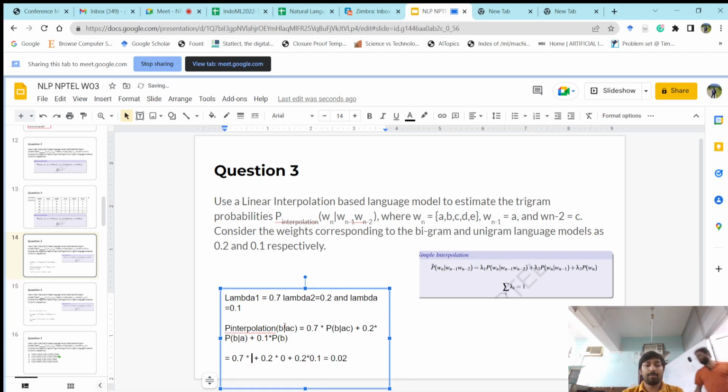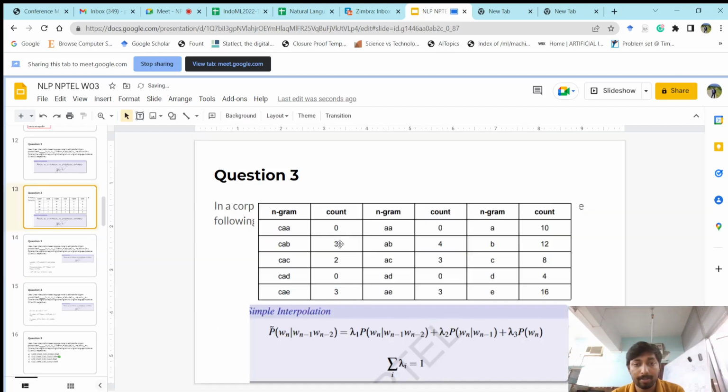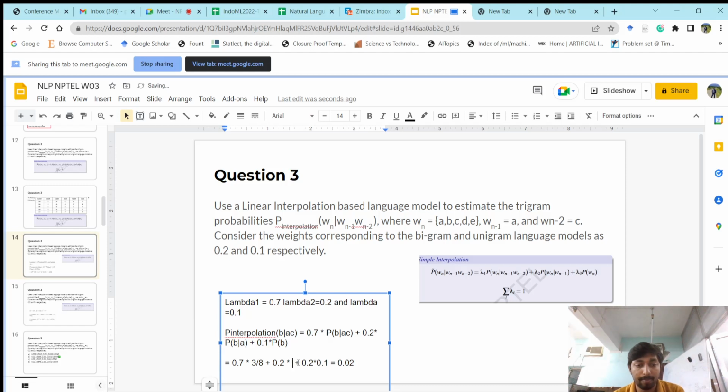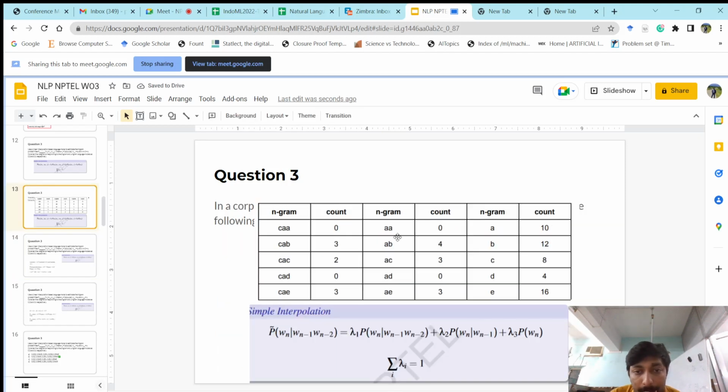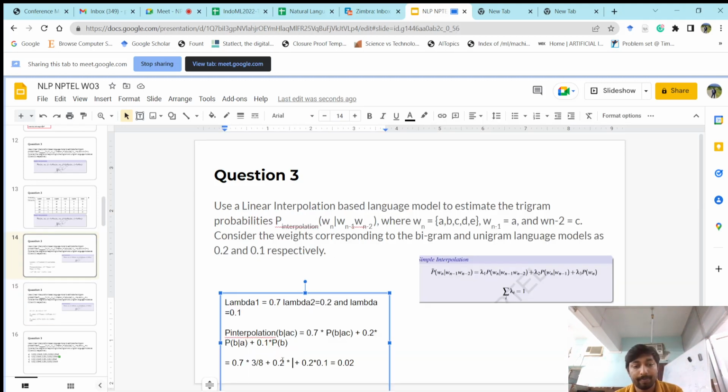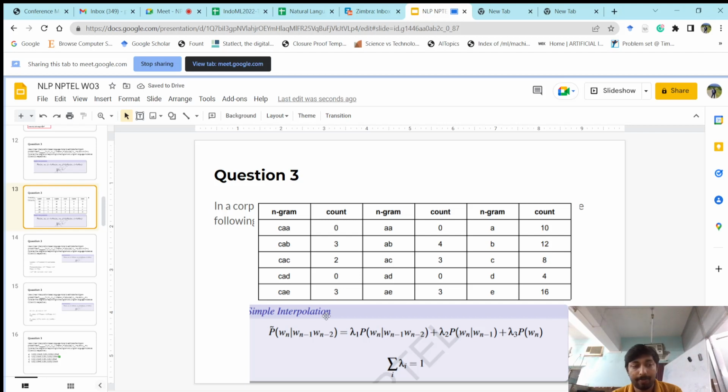So it is 0.7 into 3 divided by 8, plus 0.2 into 4 by 10, and then 0.1 into 12 by 50.